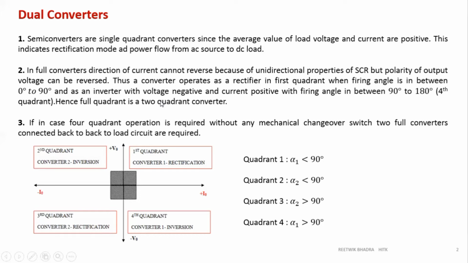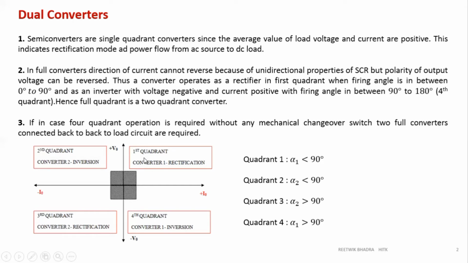If you want to operate that converter in inverting mode, alpha will be greater than 90 degrees. That means power flow will be opposite. That we had already studied. So we have two modes of operation in the case of a full converter: one is your first quadrant and one is your fourth quadrant, where voltage is negative but current flow is positive. So the full converter covers the first and fourth quadrants, and the semi converter covers the first quadrant.